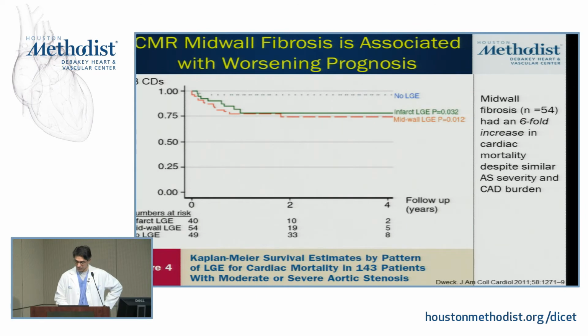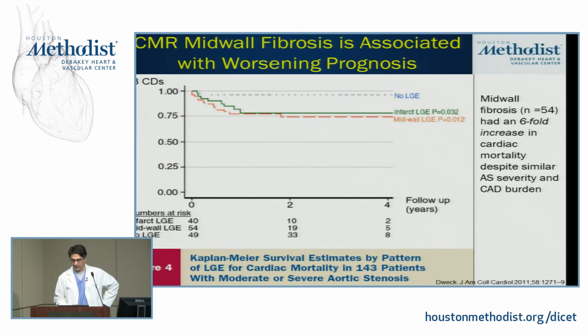The survival was preserved. Whereas those patients who had this mid-wall fibrosis had a prognosis as bad as patients who had demonstrable CAD scar. So a very important finding: this mid-wall fibrosis is not benign. It tells you that there is some damage or structural abnormality taking place in the heart that has real consequences for this patient.